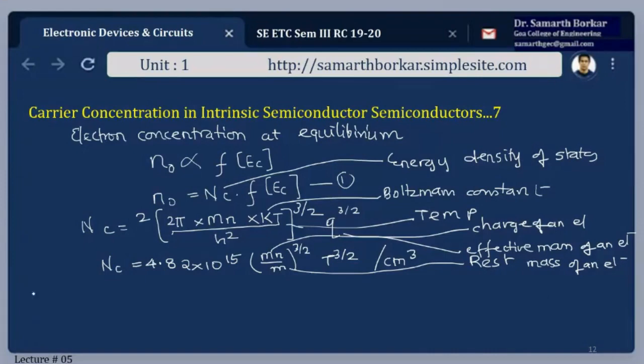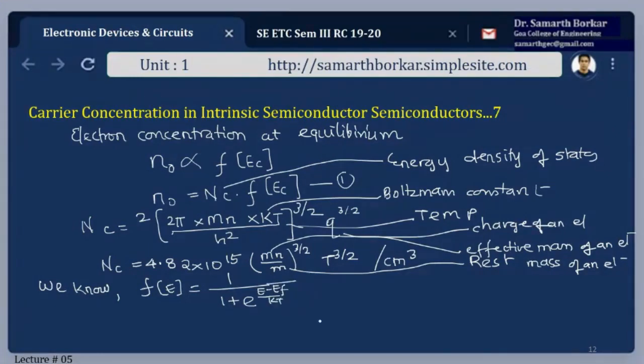Now we know, you can note down this. Okay, we know f of E, the Fermi-Dirac distribution, equals 1 upon 1 plus e to the power E minus EF by kT. This is the expression we're having.